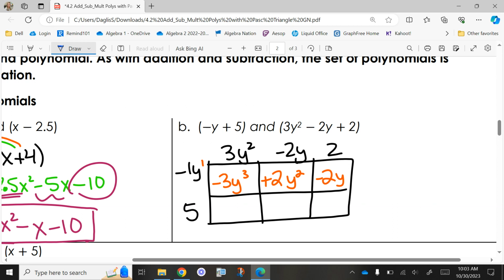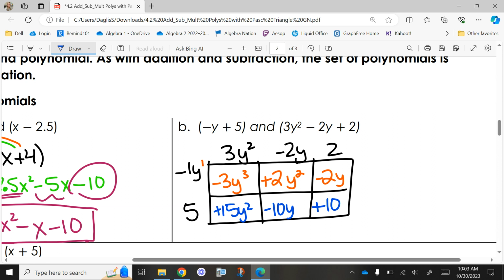And then across my bottom, we're going to multiply each piece by 5. So 5 times 3y squared gives me positive 15y squared. 5 times negative 2y is negative 10y. And then 5 times 2 is positive 10. So notice when I did fill in my squares, I did include a positive or negative in front of them. Okay.